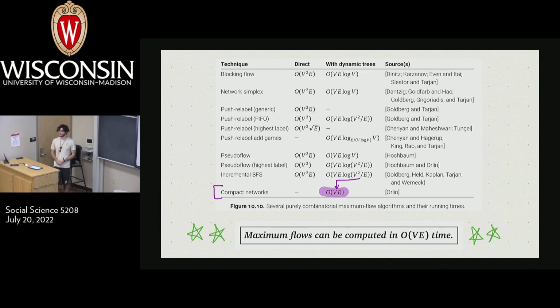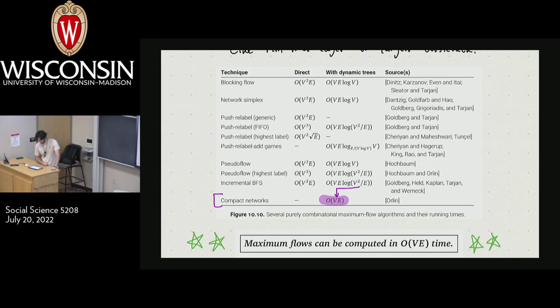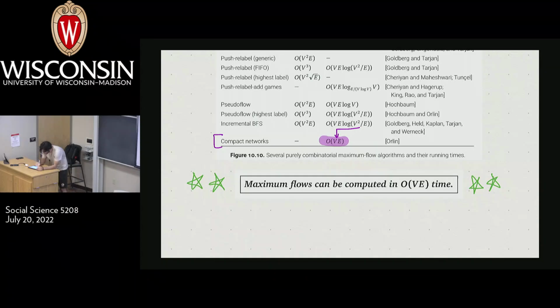Any questions? What's a dynamic tree? I think a dynamic tree... There's a theory of algorithms called dynamic algorithms, and they're basically data structures that change over time. Like a binary search tree usually is fixed in advance.